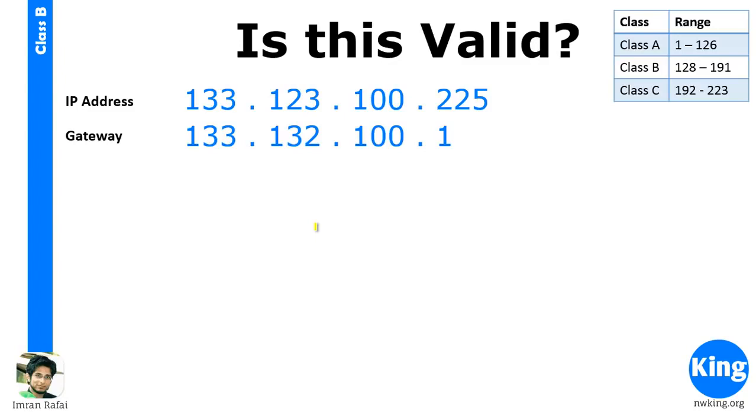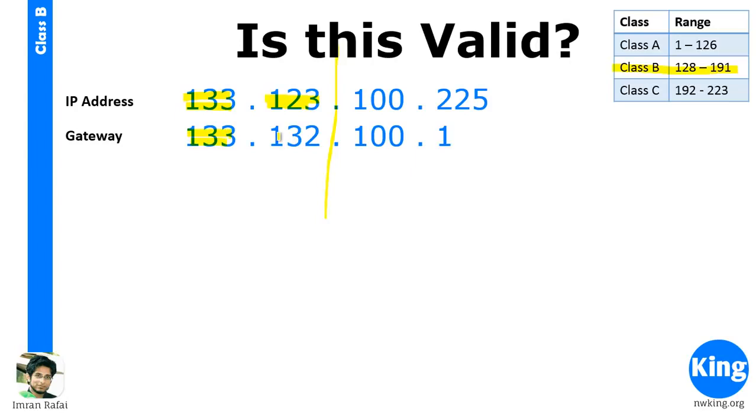So how do we do that? I'm hoping that you already paused and you have an answer in your mind, but let me explain how to do it. First we look at the first octet. So we see 133, and 133 is class B. If it is class B, this is the division. So if this is the division, this part has to be the same with the gateway.